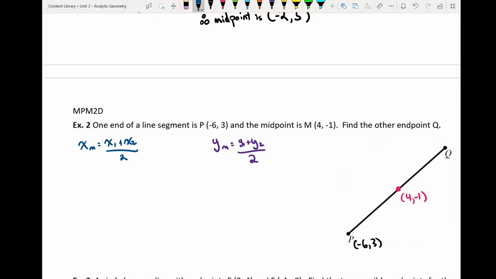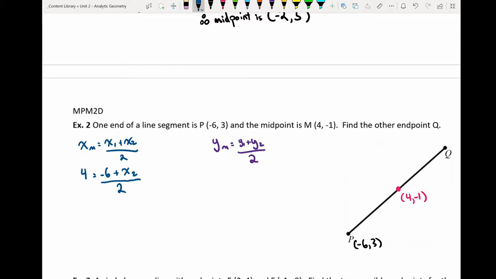And let's plug in all the information we have, right? So if I look at the x coordinate specifically, I know what the midpoint value is. I know that's 4 because I know what my midpoint is. The x1 I know because I know one endpoint, which is -6, plus I don't know the other endpoint, or x2, but that's what I'm trying to find, and I know I have to divide by 2.